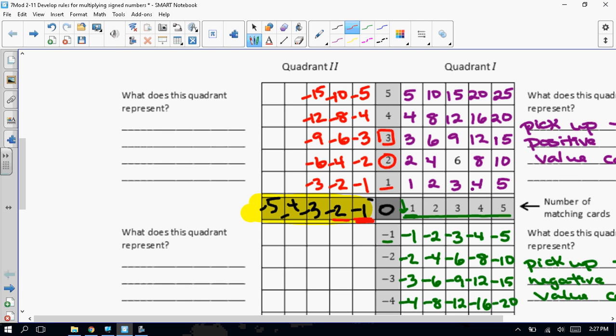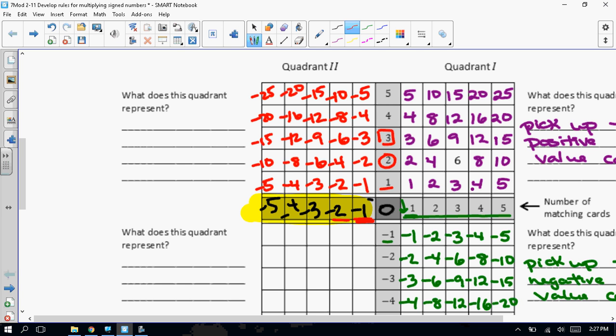Okay, what if I remove 4 cards of every type? Well, removing 4 cards of a 1, -4, -8, -12, -16, -20, right? All removing multiples of 4. And then I've got -5 times 1 is -5, -5 times 2 is -10, -15, -20, and -25.